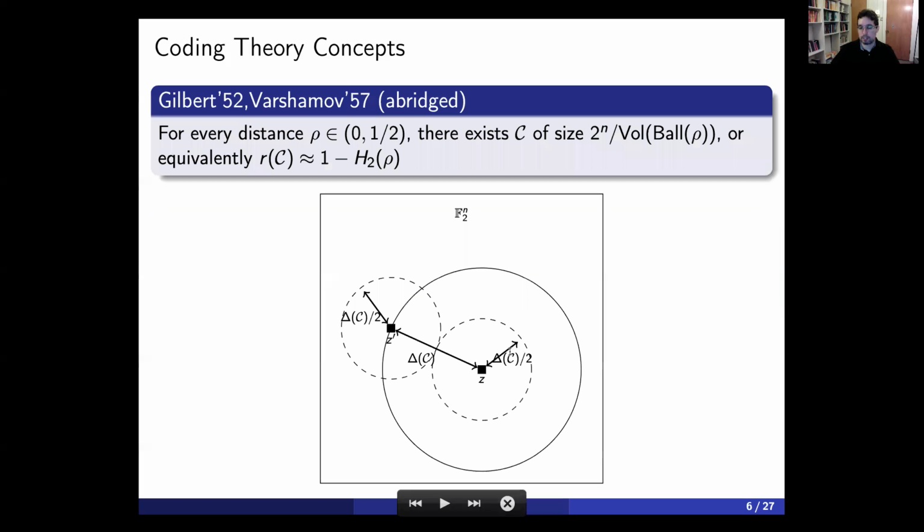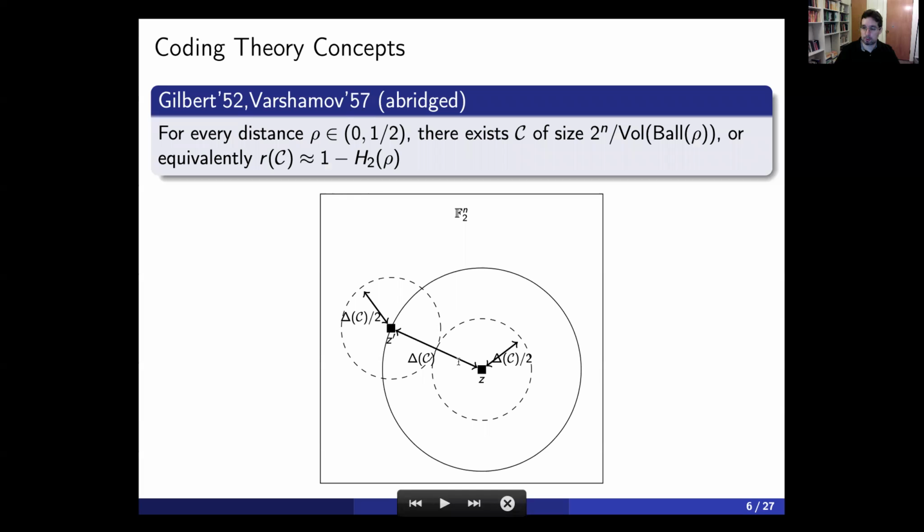And the idea was fairly simple. He realized that, oh, I can do this greedily. For each word that I would like to declare as a code word, I'm going to take with it all the words within this ball. And if you do this, we know that every other subsequent code word will satisfy the minimum distance.